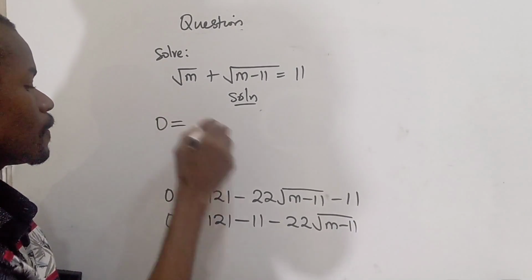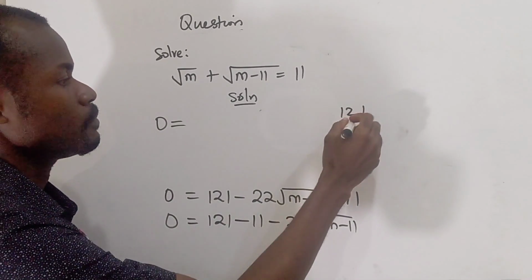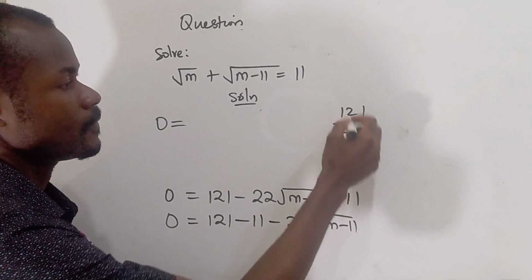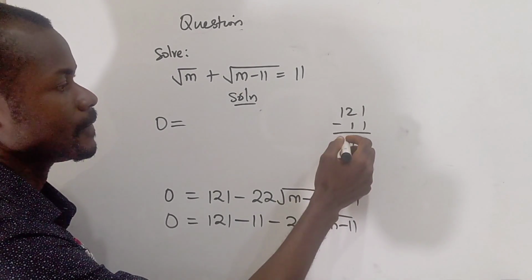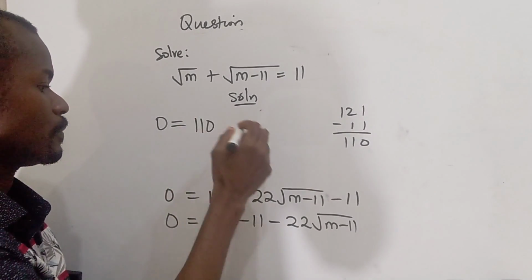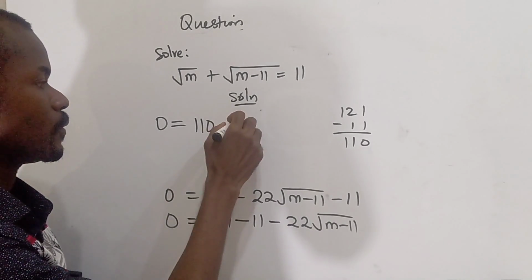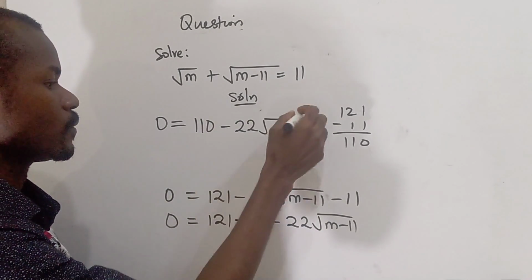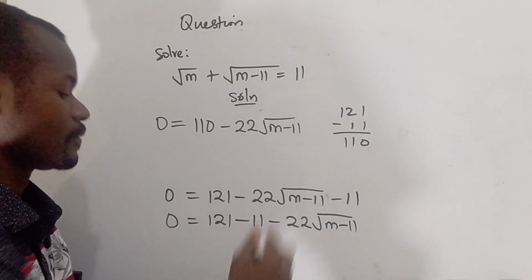Now 121 minus 11 is going to be 110, minus 22 square root of (m minus 11).